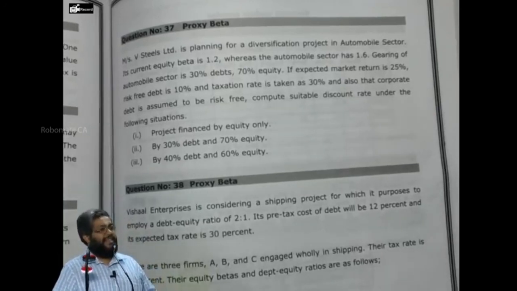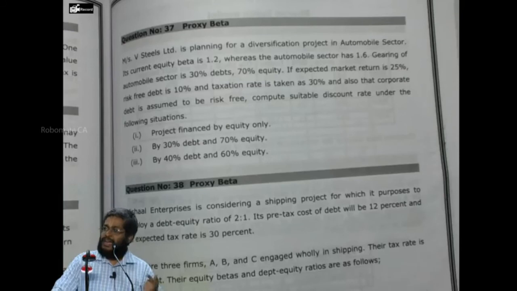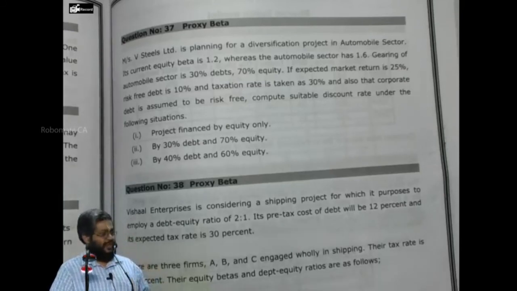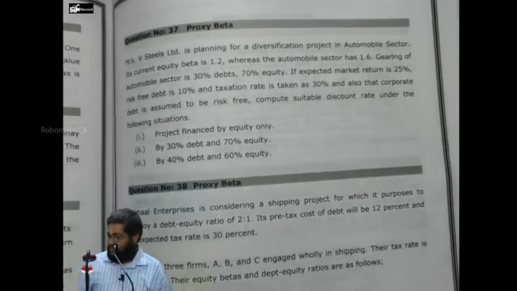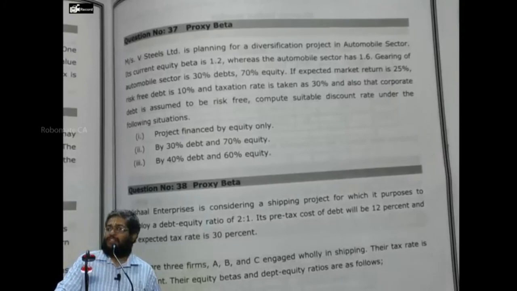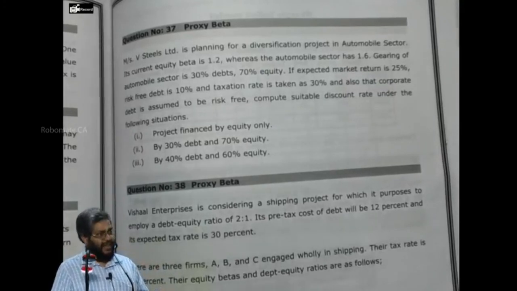From there we did CML, CAL, and then moved into CAPM, where we discussed SML, beta calculation, underpricing, overpricing, portfolio beta, and levered and unlevered beta. The next issue I have to discuss is the Sharpe single index model, followed by arbitrage pricing theory.